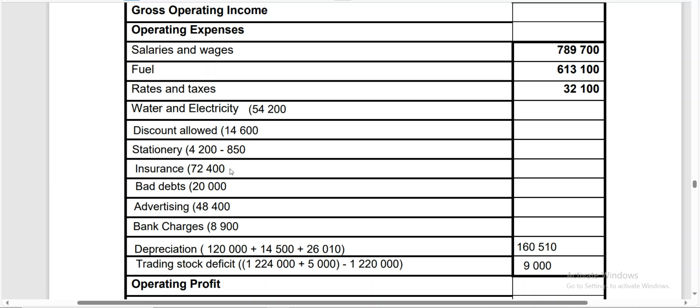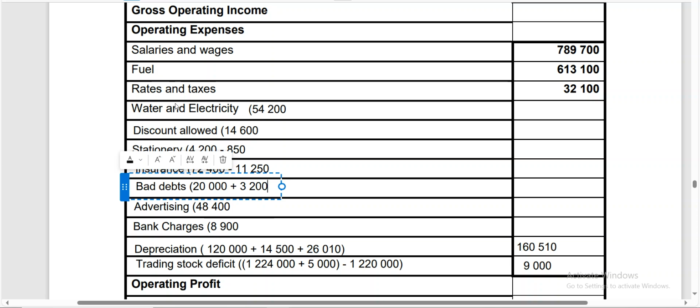And then remember, on insurance, we said we will subtract 11,250. And then on bad debts, we said it's going to be plus, I think, 3,200. So don't worry about that. On advertising, it had no effect.